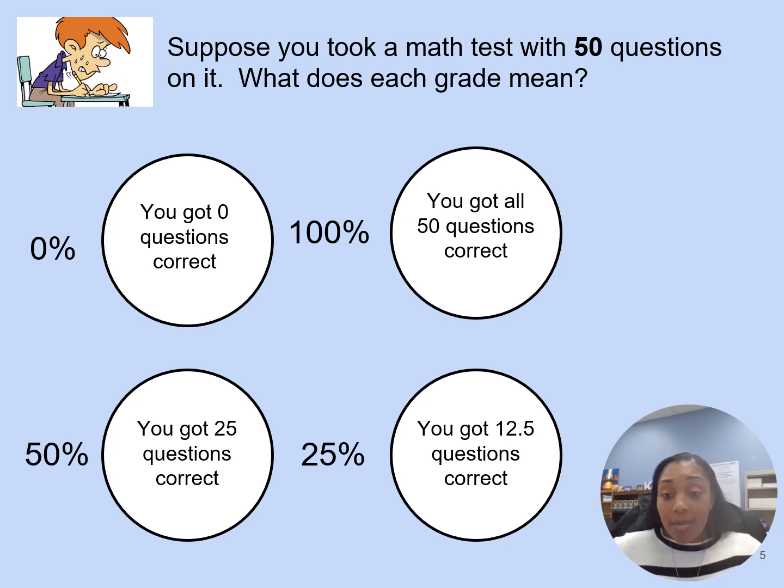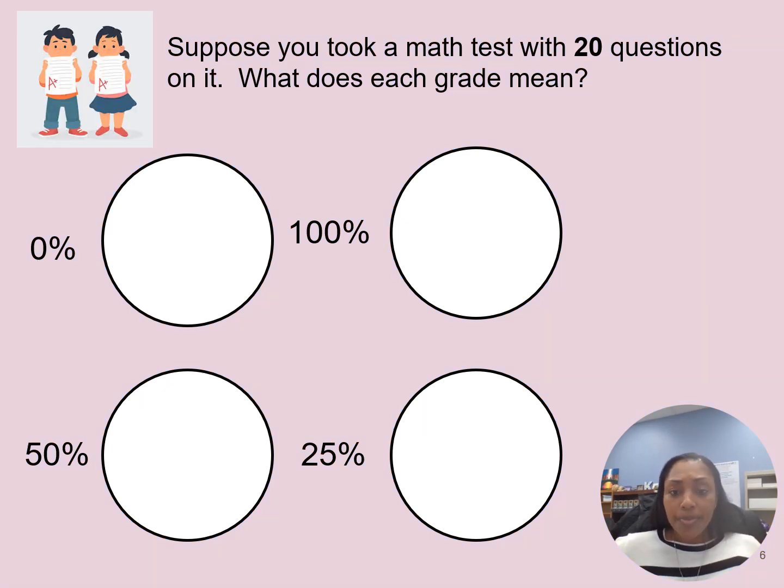And in this example, even though the test is different, it still means you got all the questions correct. 50% in the last example meant you got half of the questions correct, and it still means half in this. And so 25% meant a fourth in the first example, and it still means a fourth or a quarter in this example. So I want you to pick up on this pattern of what these percentages mean.